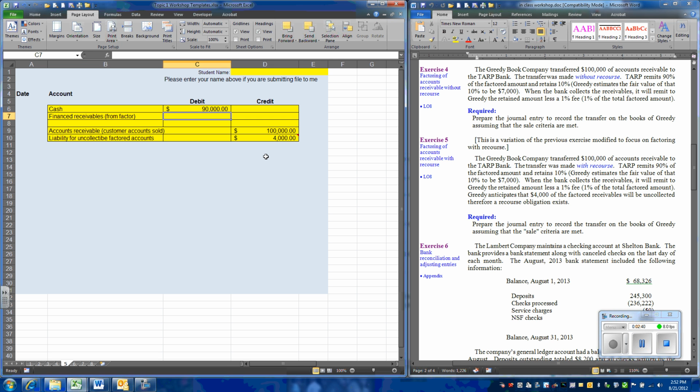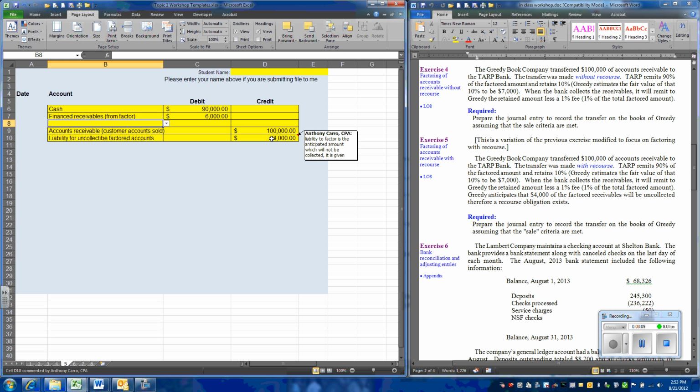Its value is going to be the fair value of $7,000 that we have estimated, minus the bank's fee, which is 1% of the original factored amount of $100,000. So we anticipate down the road receiving an additional $6,000 from the bank.